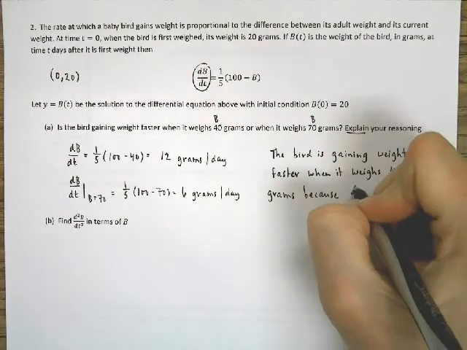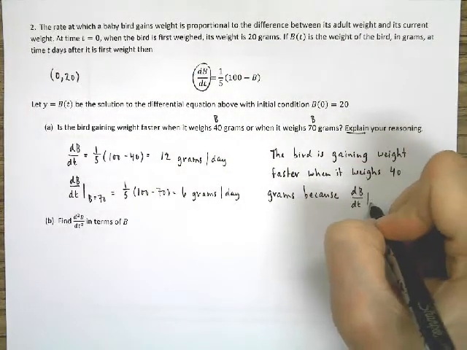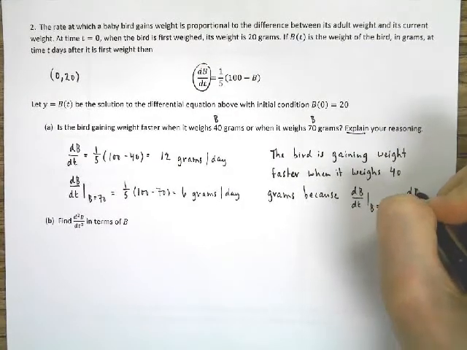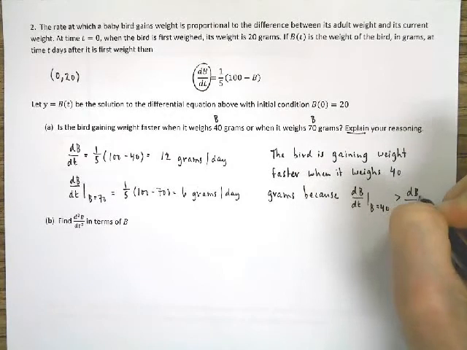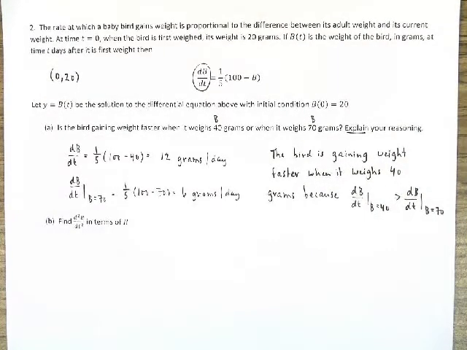So because, and we can just say dB/dt when B equals 40 is greater than dB/dt at weight B equals 70. That would be a sufficient explanation.